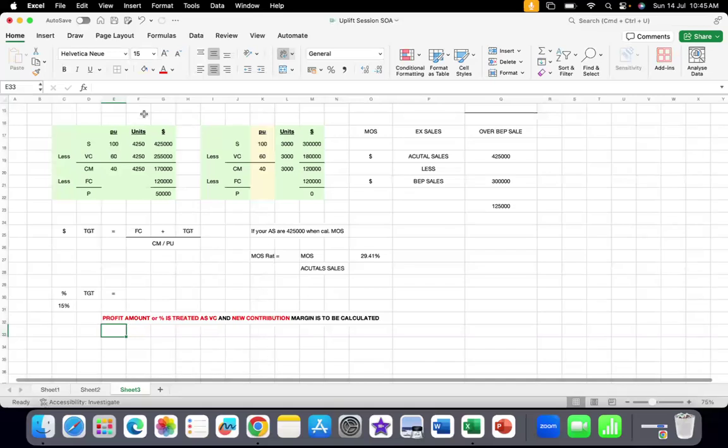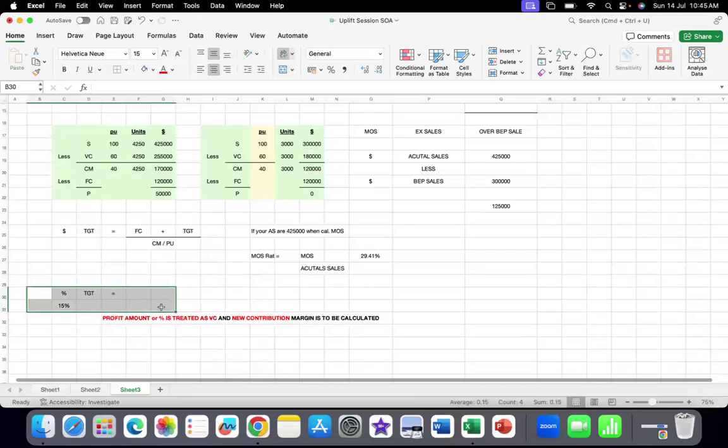You should have an answer in place, because this is something which management usually is going to tell you. In practical life, they're more concerned about the percentage. Whenever there's an analysis which is required, all the figures are certainly converted into percentages and then presented to the management. So calculating target profit based on the value is important, but this is more practical.